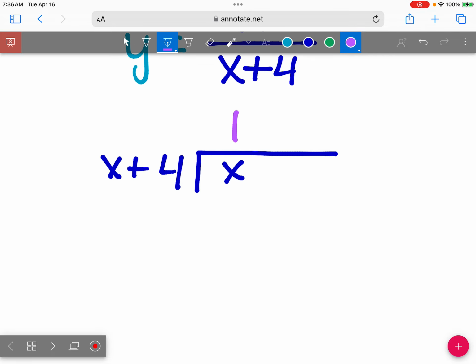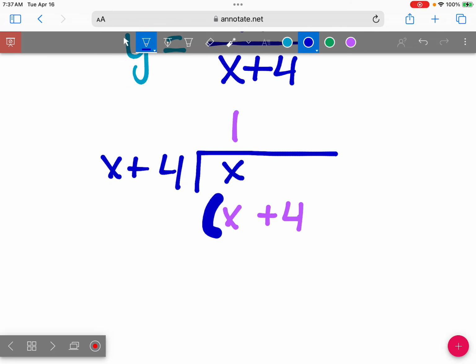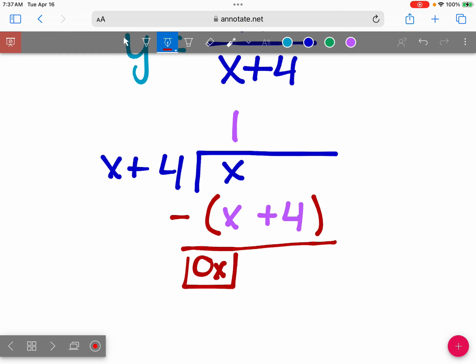Multiply that by the whole term on the left, and we're going to have x plus 4, which we are then going to subtract. So we have x minus x, which is 0 x's, which is good. That's what we want. Nothing minus 4.